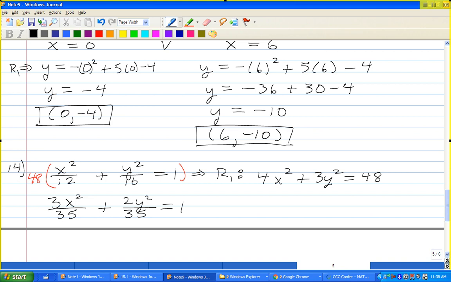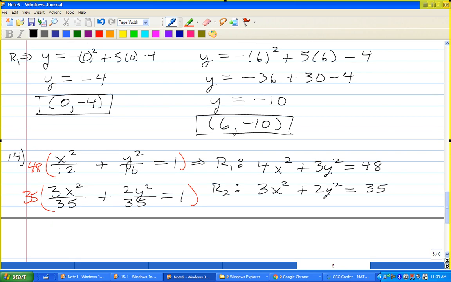So I'll call that R1. And let's do R2. Let me multiply by 35. So the 35's cancel. So you get 3x squared plus 2y squared equals 35.